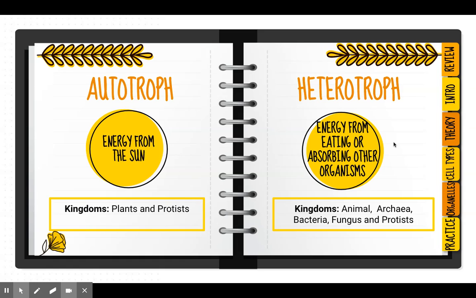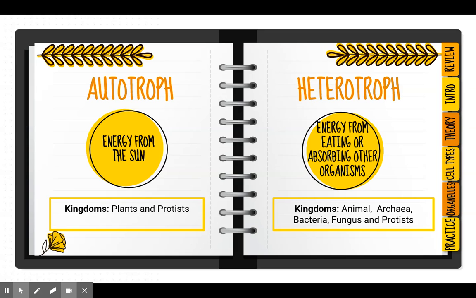Next, we'll talk about autotrophs and heterotrophs. Autotrophs are organisms that get their energy from the sun, things like plants and some protists. There are even a couple of bacteria that can get their energy from the sun. So, autotrophs have special parts in their cells, and we'll learn about those next week, where they can take energy from the sun and make their own food.